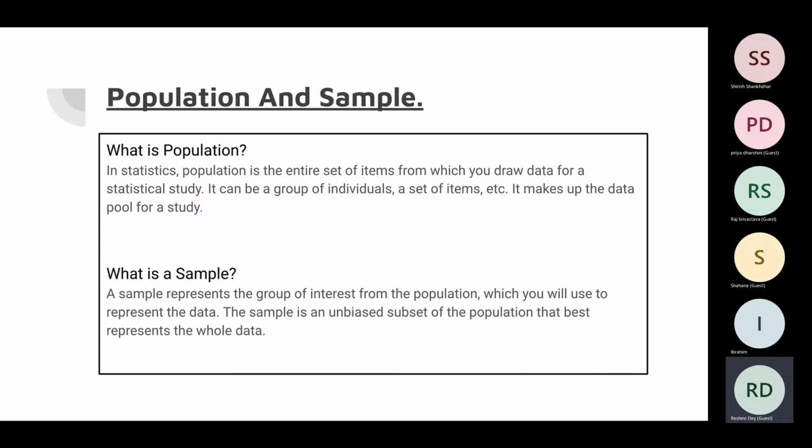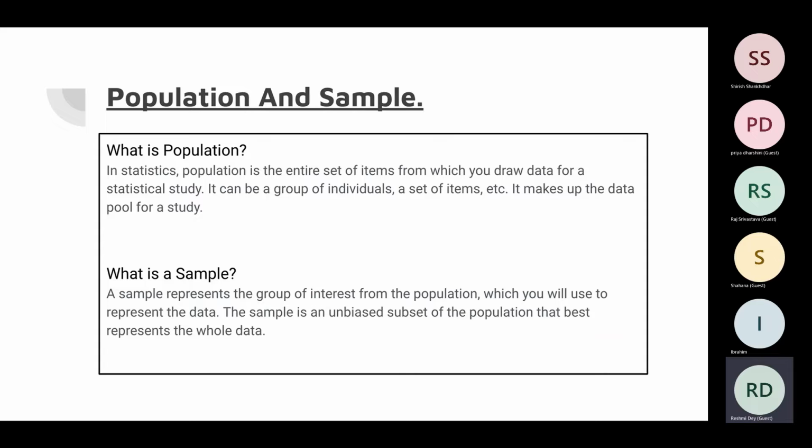So basically, a population is an entire set of data on which we perform any sort of test, be it t-test or z-test. Then comes sample. A sample is something which we derive from the population. A sample represents the group of interest from the population which we will use to represent the data.